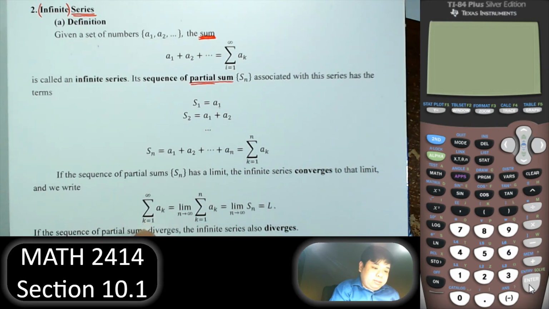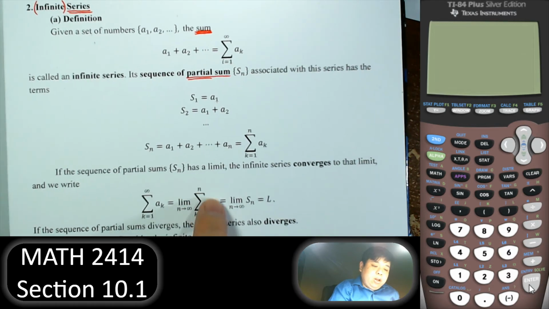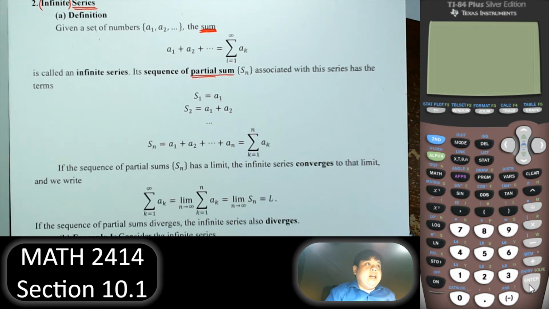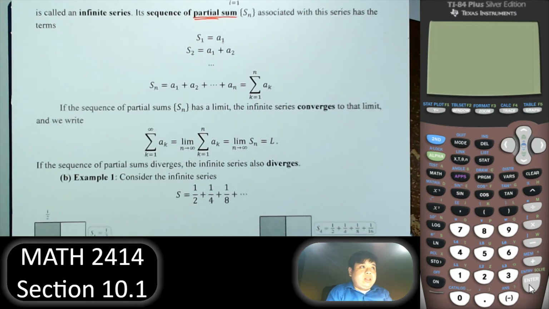We say this infinite sum, the partial sum from 1 to n, and we take n going to infinity, and if L exists, we say it is convergent. If L does not exist, we say it is divergent.